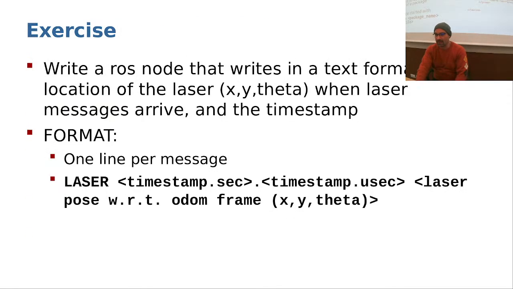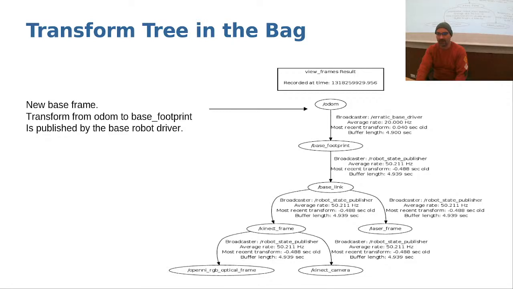Now, there was a small exercise that I think we will revive. We will provide you, so these are pointers, look at it. We will provide you with a bag which contains the following transform tree, I think, or a similar one, where in this bag we have recorded laser scans and the position of the robot through the transform tree, where the position was acquired.